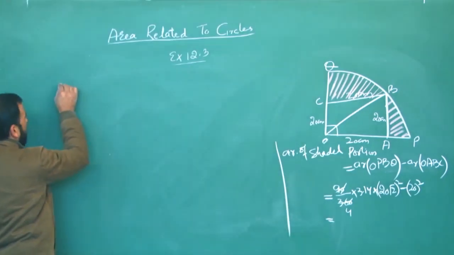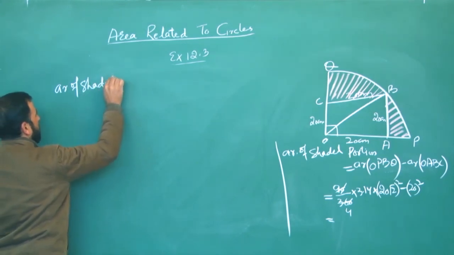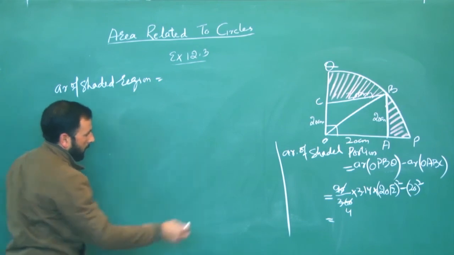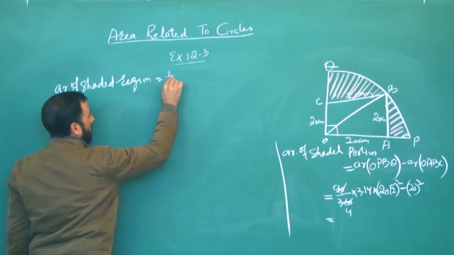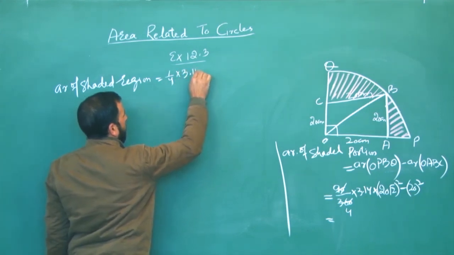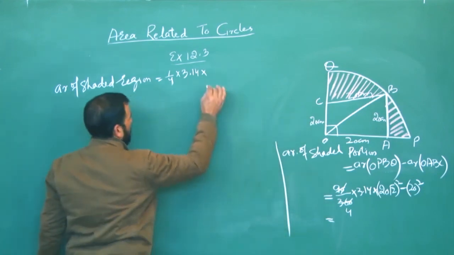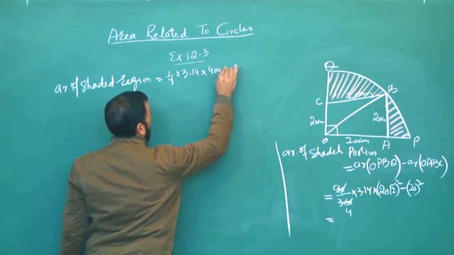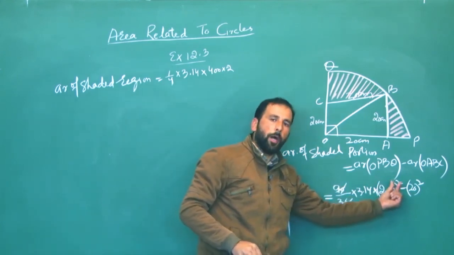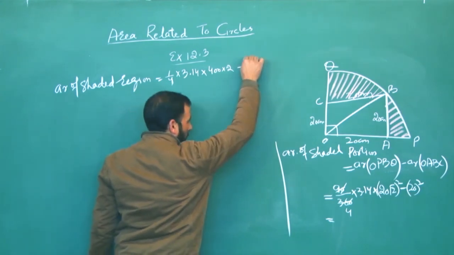Now area of the shaded region is 1 by 4 into 3.14 into 20 square root 2 whole square, that equals 400 into 2. This 20 square is 400, square root 2 square is 2, minus 400.